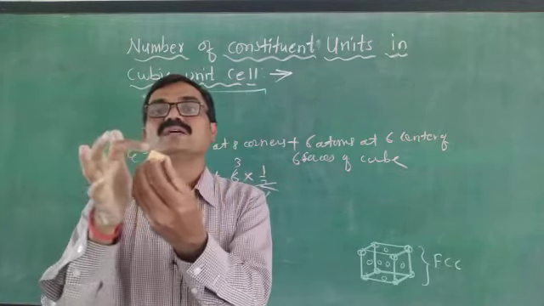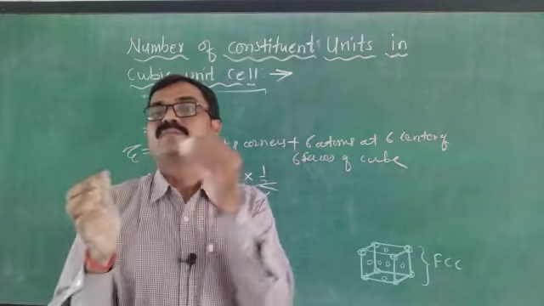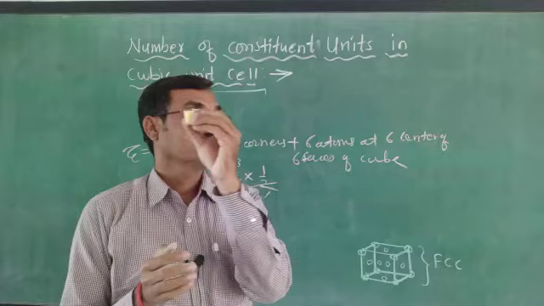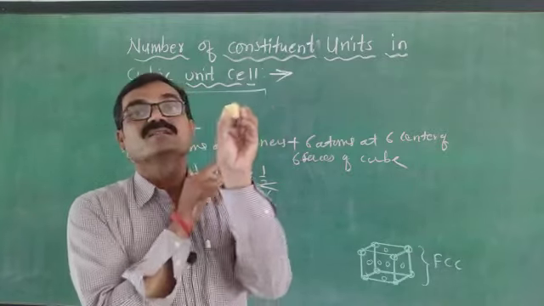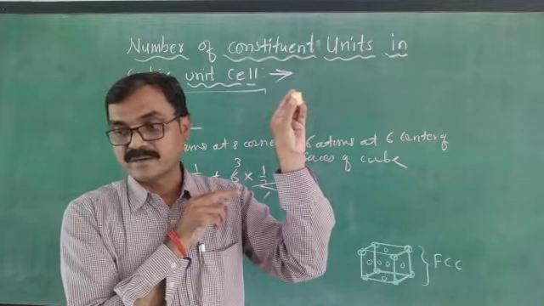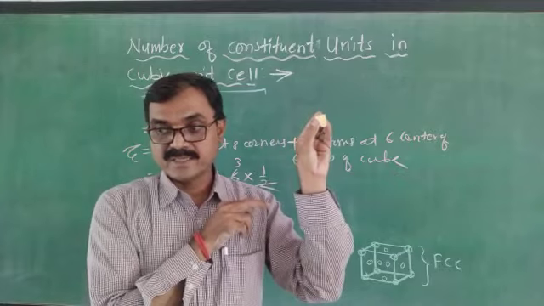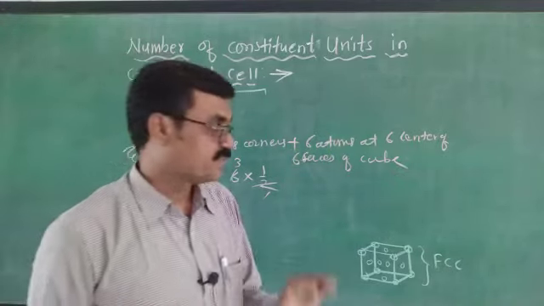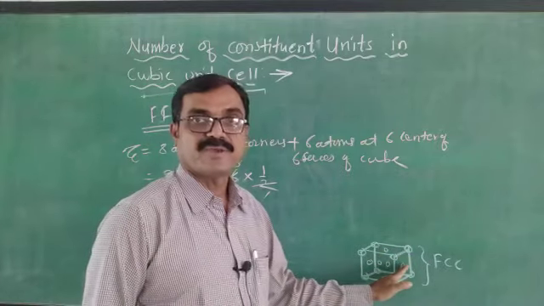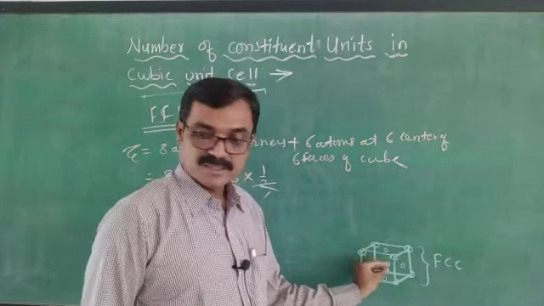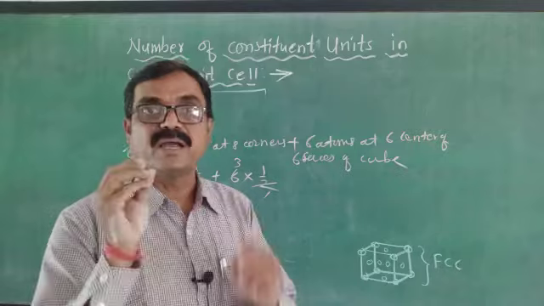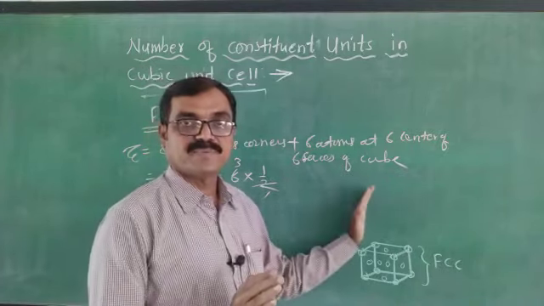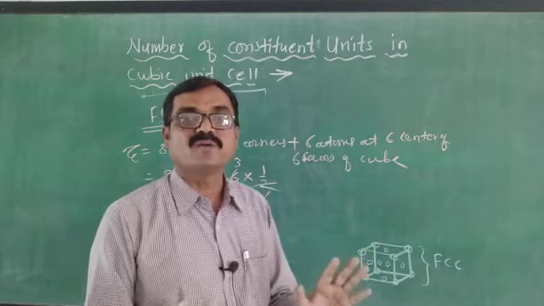See, 1, 2, 3, and it will be fixed at the corner. Now the half portion is fixed at the center of a face, and at the center a complete atom is there. If you know SCC, FCC and BCC, then you are able to find out.